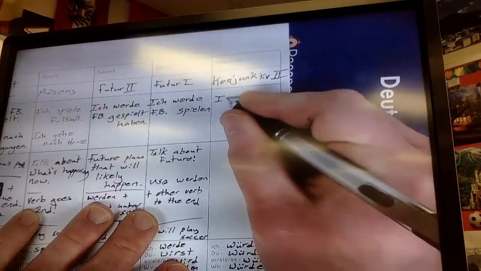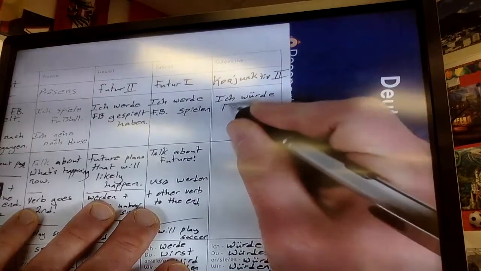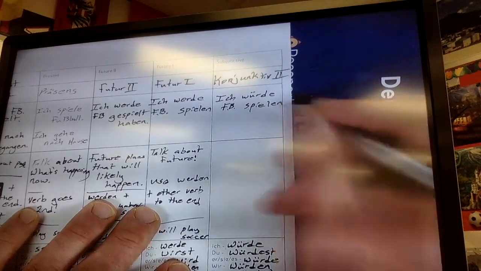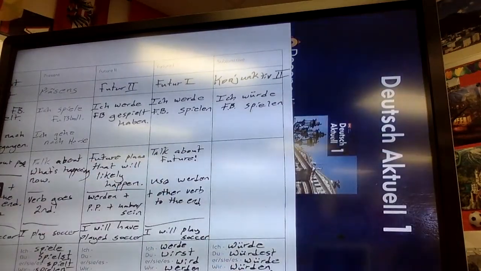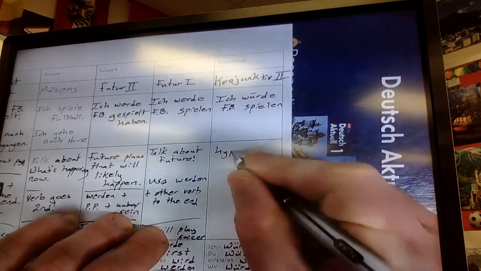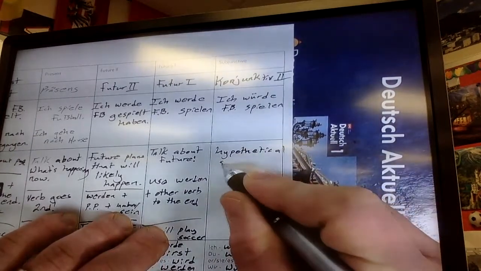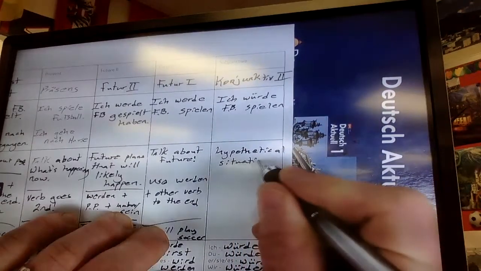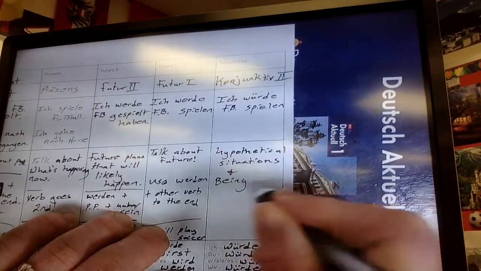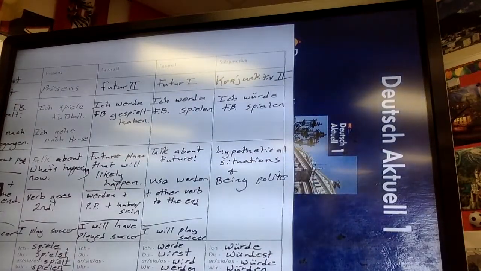Example: ich würde Fußball spielen. It's used for hypothetical situations and being polite.